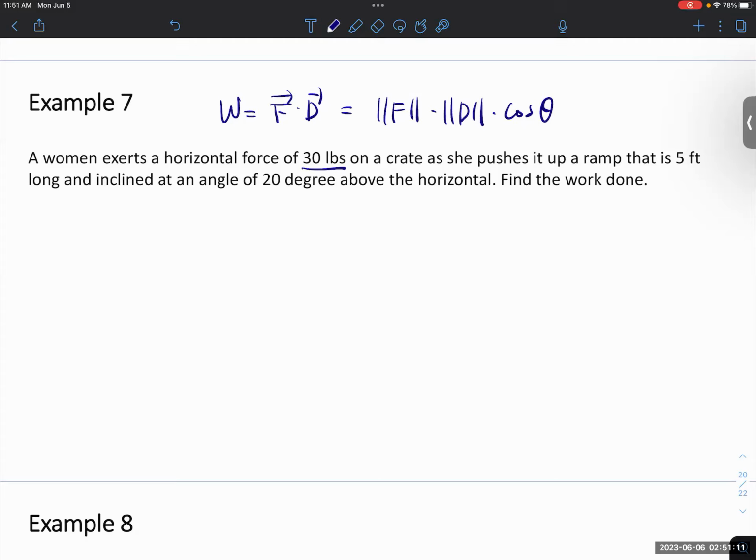Find the work. So there's 30 pounds, one vector, which is a force, and how much? 5 foot. This is the distance. And they're creating 20 degrees.